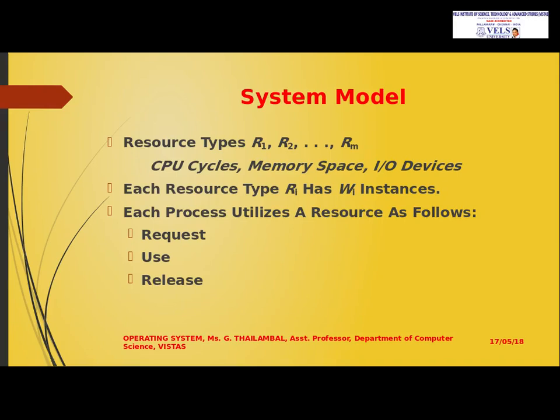Whenever a process starts its execution, it has to request a resource, and only then will the OS allocate it. If it needs a printer, the process requests it from the OS, and only then does the OS allocate the printer to that process. After it is allocated, the process uses it, and after using it, the process needs to release the resource.